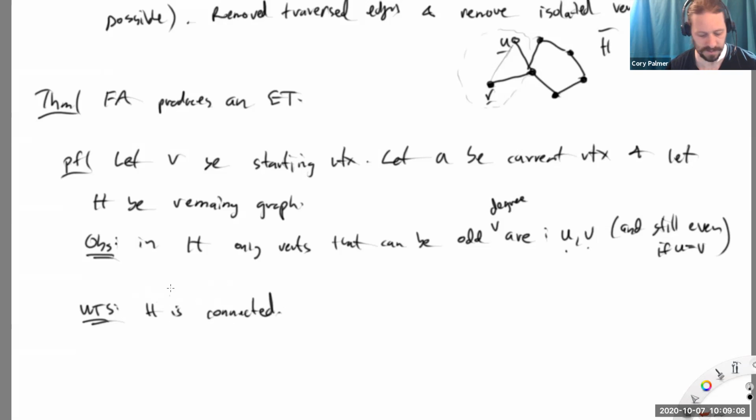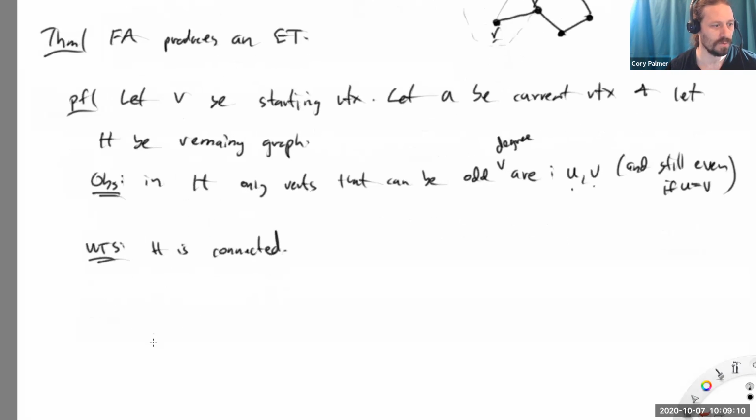I'll restate that at the end once we've established this fact though, okay? So I want to show that. We're in the algorithm here and we're currently at vertex U, and let's say that the algorithm tells us to traverse to vertex W, okay? So that's the edge we're going to walk along. When I have choices, the algorithm doesn't specify, so I'll address a couple of cases of what this edge UW looks like.